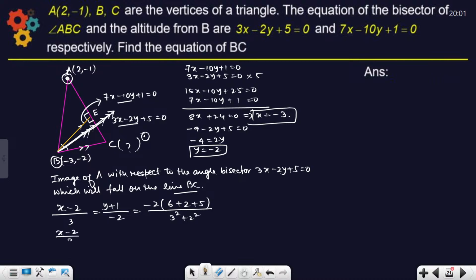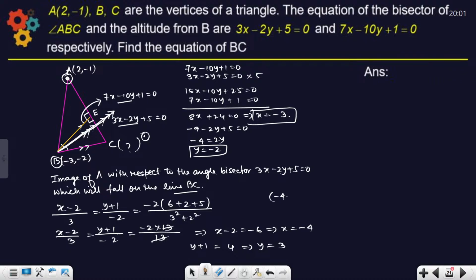So x minus 2 over 3, so 13 goes off. So x minus 2 is minus 6, implies x is minus 4, and y plus 1 is 4. So y is coming to 3, right? So 1 point on BC is minus 4 comma 3.